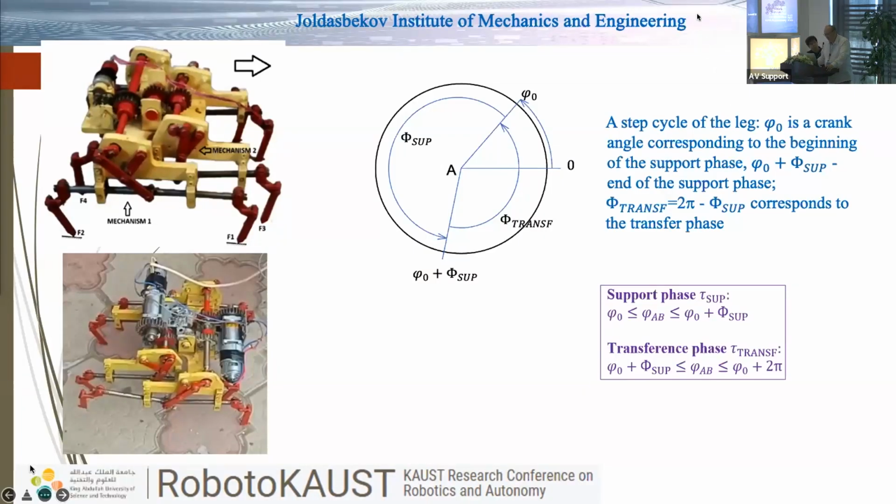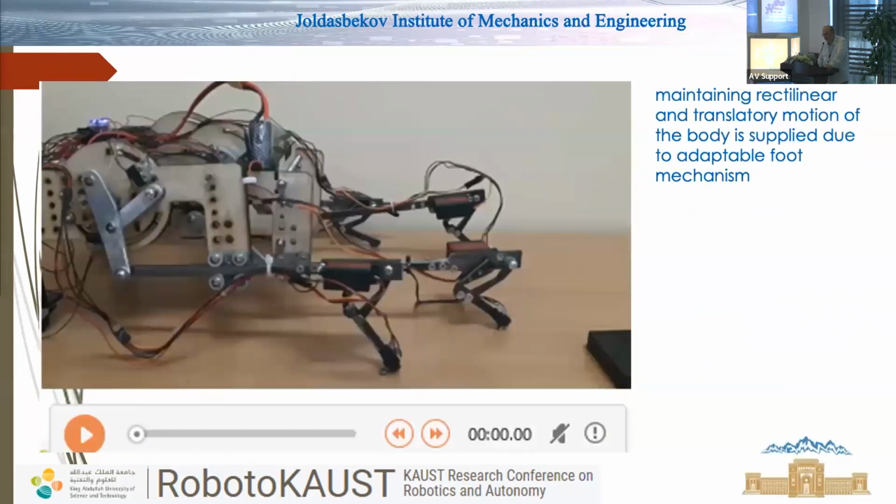So here we have the output link tracing a straight line trajectory, and also translatory motion, so that each point on this output link traces the same trajectory, and therefore it provides the possibility to adapt to uneven terrain.